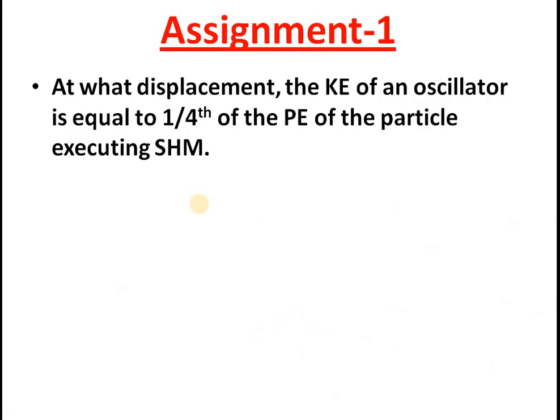And now we have an assignment. Very simple question. At what displacement is the kinetic energy of an oscillator equal to 1/4 of the potential energy of the particle executing SHM? That means you have to find that value of x at which kinetic energy becomes 1/4 of the potential energy.